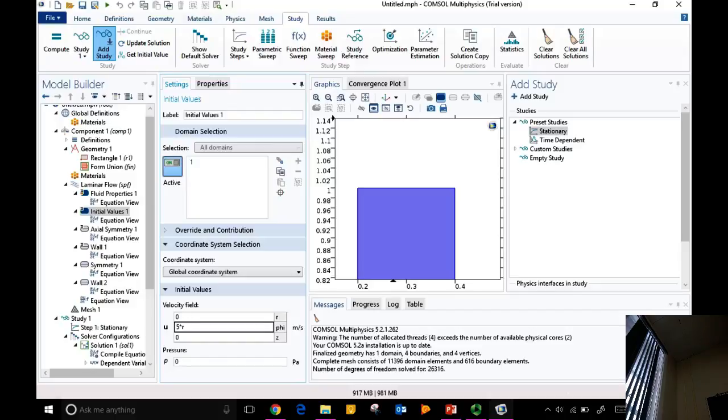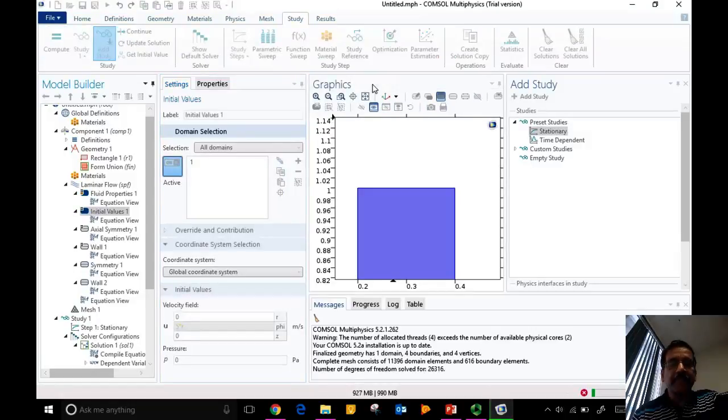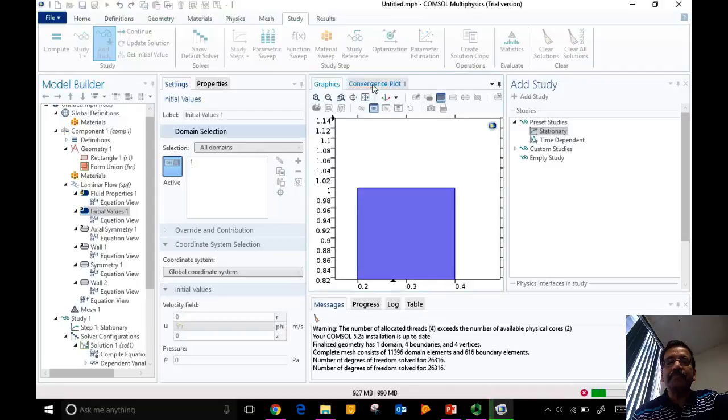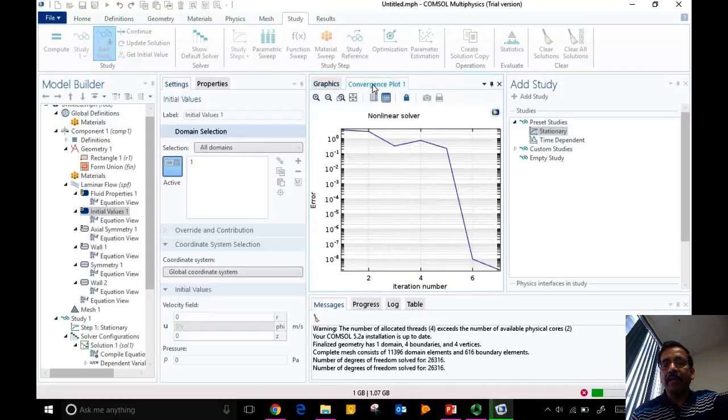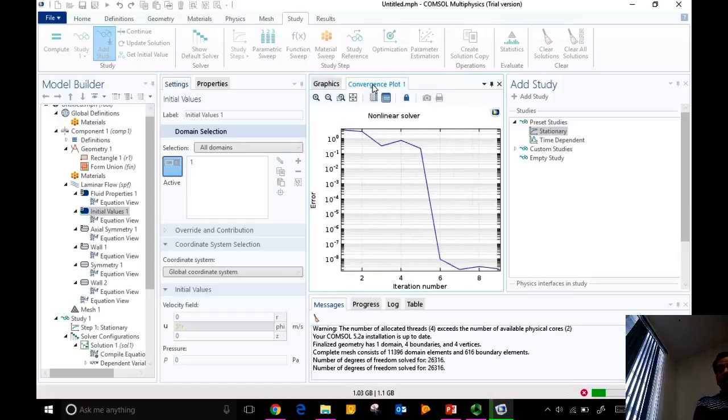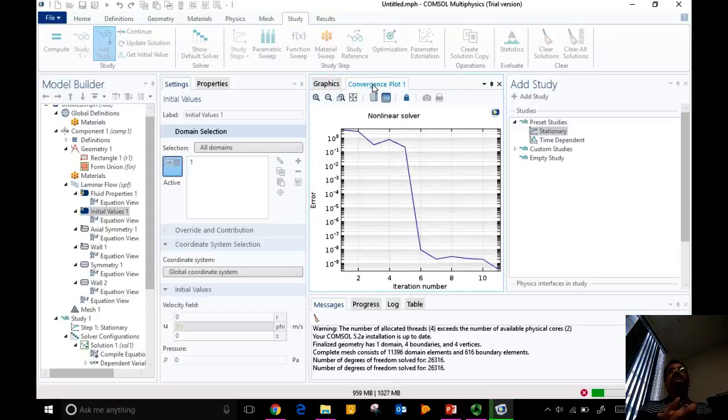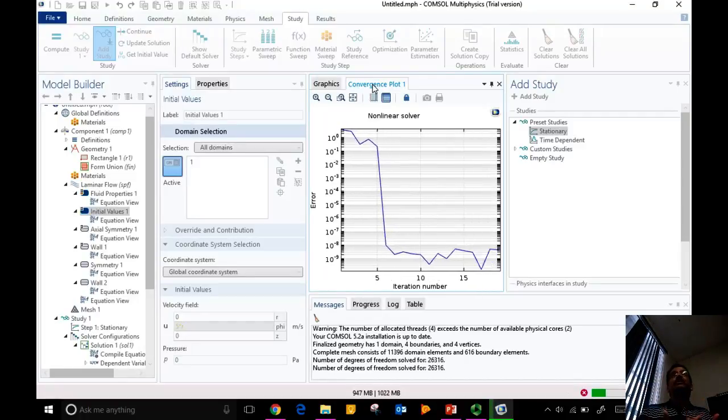But let's try this one and see whether it'll work. So in this case, if I pick the study as time dependent, it will talk about the unsteady state profile, in which case this initial guess that you see will be treated as the initial condition. Then it would work.